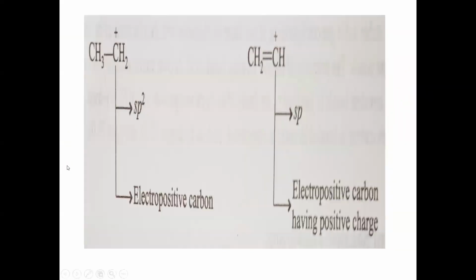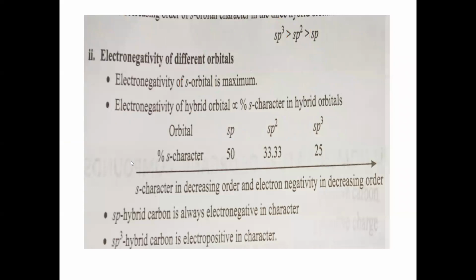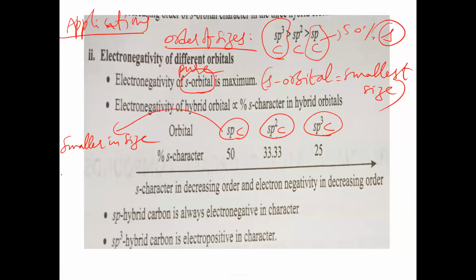Smaller in size means larger in electronegativity, therefore more electronegativity. For which atom? sp carbon. sp carbon has greater electronegativity than sp2 carbon, which has greater electronegativity than sp3 carbon.